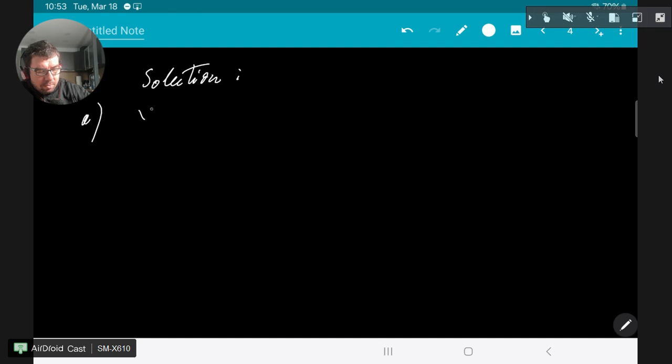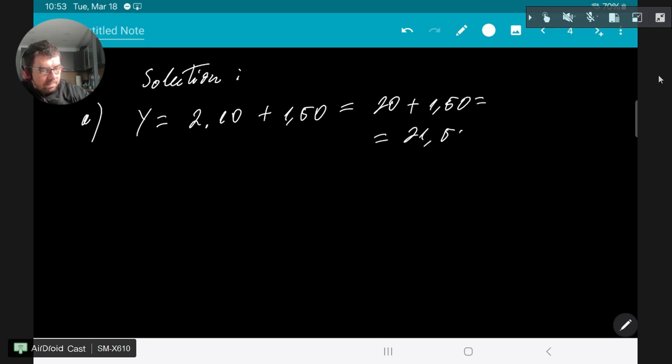A, Y equals, so in our case we have $2 per kilometer times 10 kilometers of distance plus $1.50 initial charge. So the price for the trip in the concrete case will be 20 plus 1.5, which is $21.50, right?